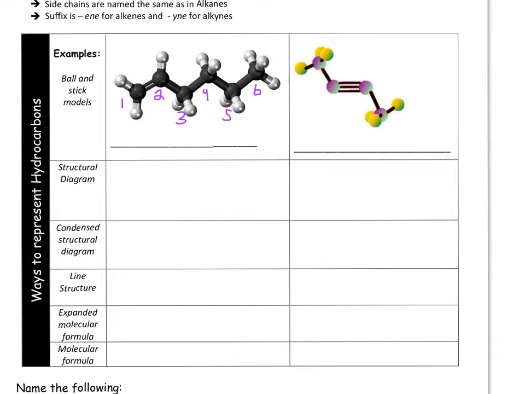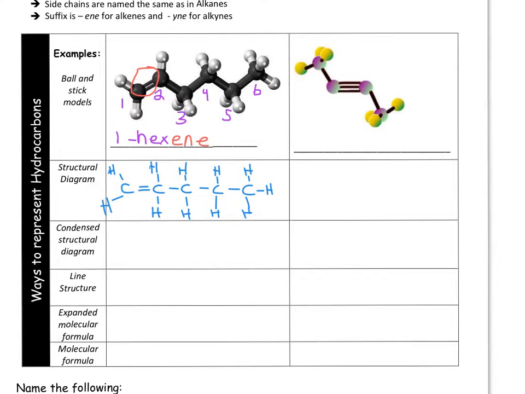So we can see that we have a double bond right here, and we have 6 carbons. Because our double bond is starting at carbon 1, we say 1, and then we have 6 carbons, so we have hex, and because we have a double bond, it is hexene.